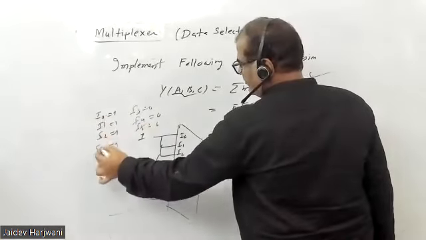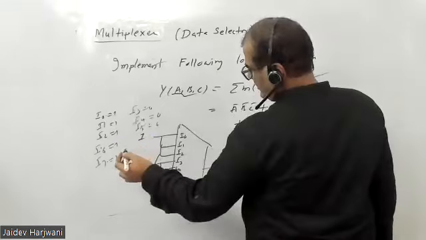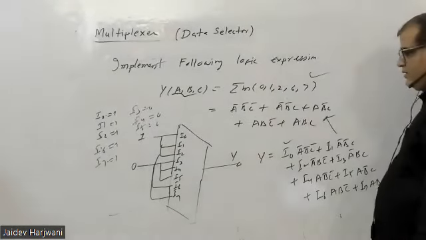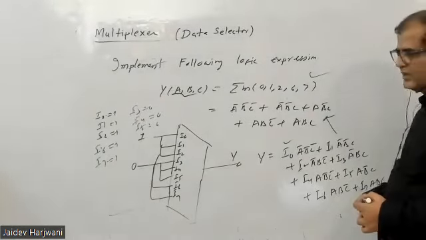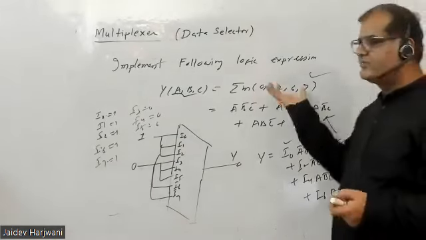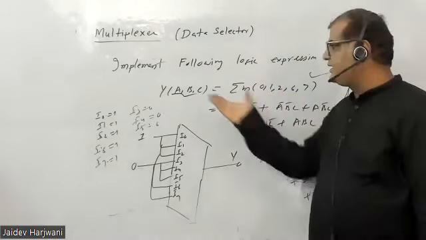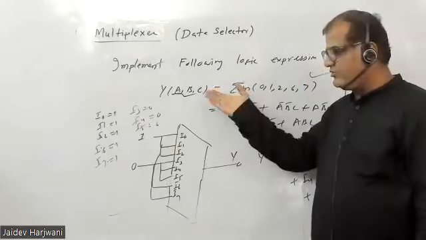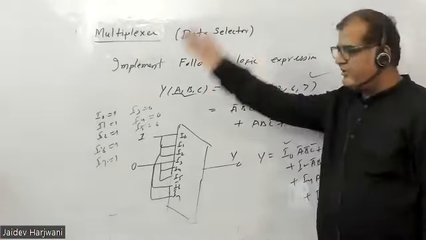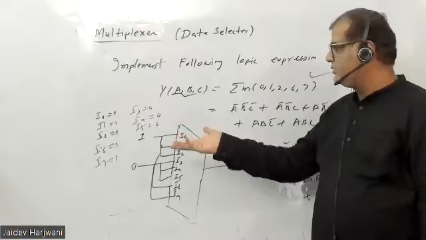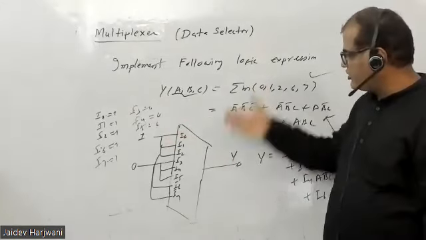So 1, 2, 3, 4, 5, 6, 7, 8. This is simple, no? You just have to find the minterms. Which minterms are present in your logic expression? For those minterms you put 1 and the remaining 0. And this is the implementation of the logic function.